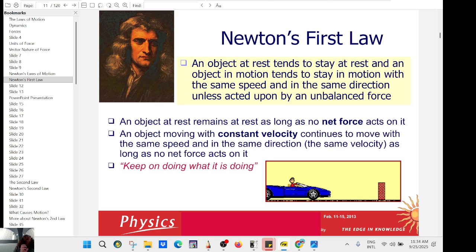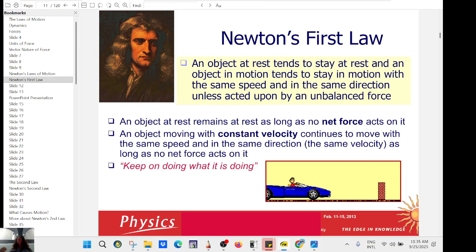Yes, so inertia, exactly. So if the Earth was not here, the moon will keep going in a straight line at a constant speed forever after. So if you have a puck on the ice, for example, you push it, it will keep going in a straight line at a constant speed forever after.